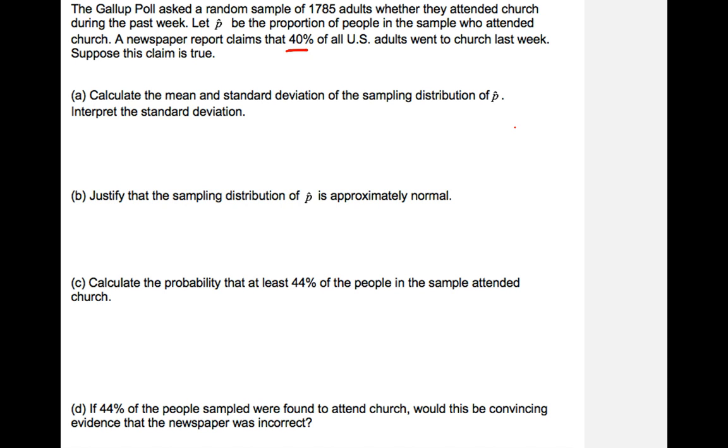We're going to use that to find the mean and standard deviation for that sampling distribution. So the mean of the sampling distribution is just that 40% for the population. Standard deviation is the square root of p times 1 minus p over n. So it's going to be 0.4 times 1 minus p, which will be 0.6, over n, which is 1,785.